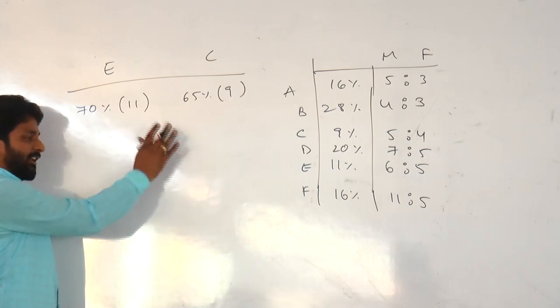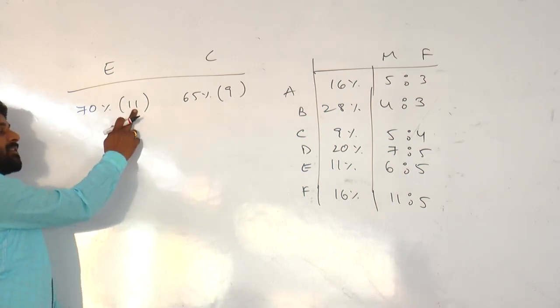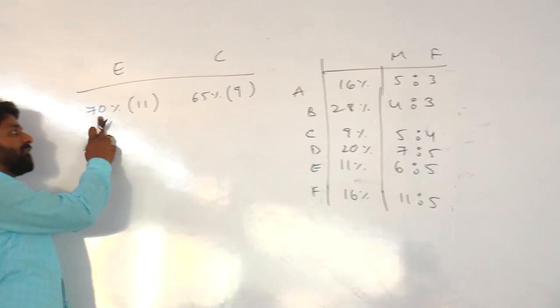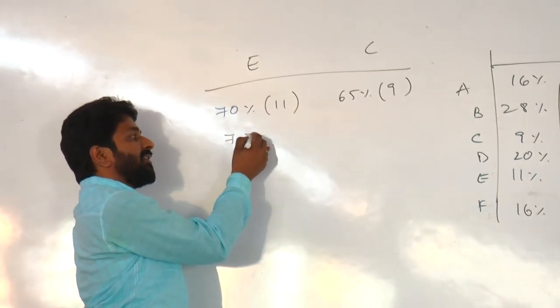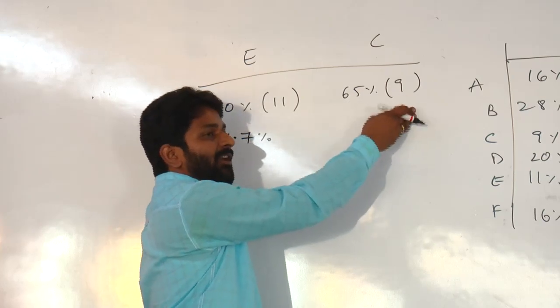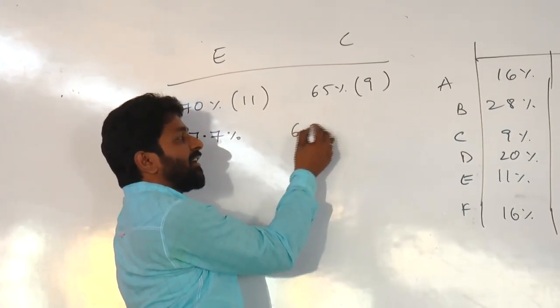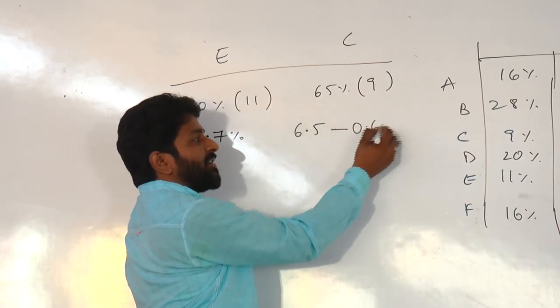You are asked about difference. Let me first calculate in terms of percentage, then I will go for conversion. 70% of 11 or 11% of 70, whatever it is. 10% of this number, 7. 1%, 0.7. Total, 7.7%. 65% of 9 or 9% of 65, one and the same. 10% is 6.5 minus 1% is 0.65.